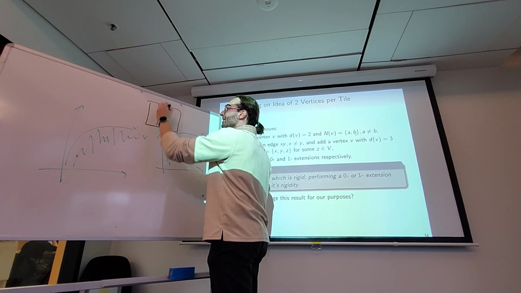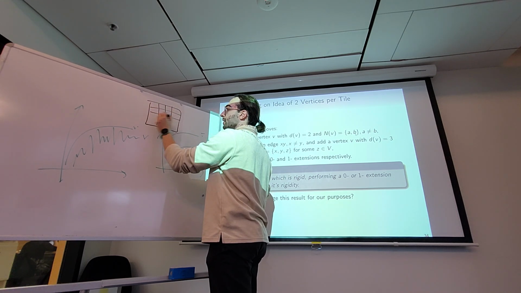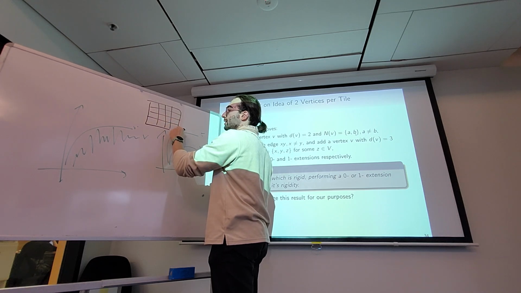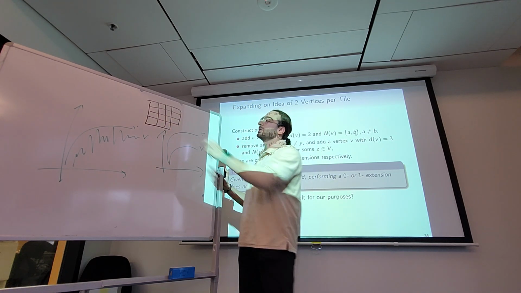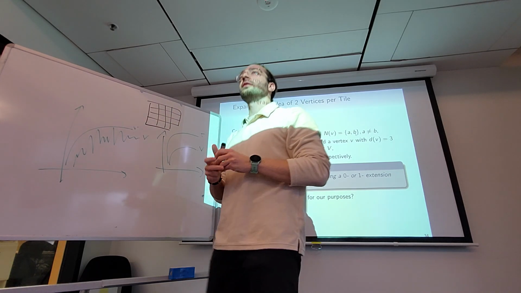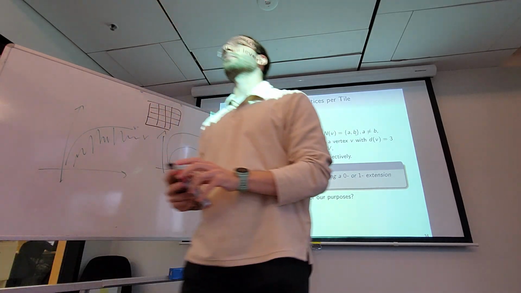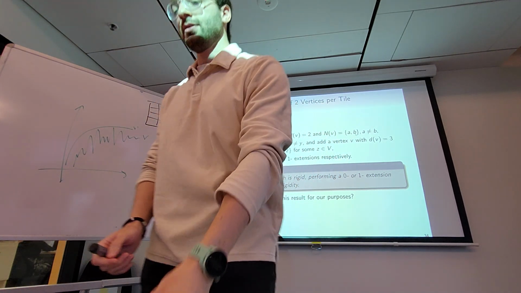Okay, so let's say we have a 4x4 grid. And then this is part of our tiles which contain 2 vertices, right? Because this is 15. So your result is in any 4x4 grid at most 15 of the squares contain at most 1 vertex. That's right.